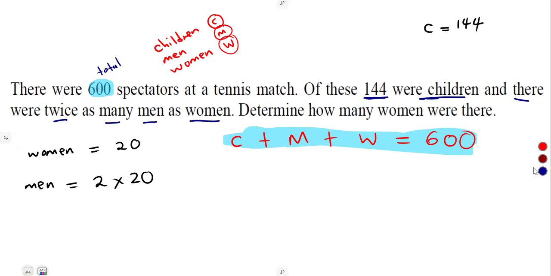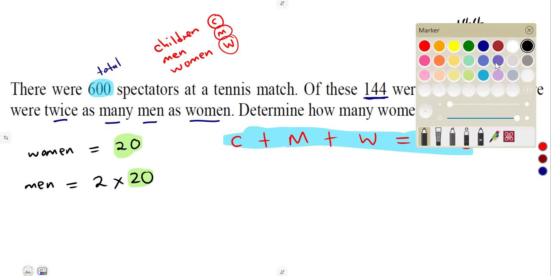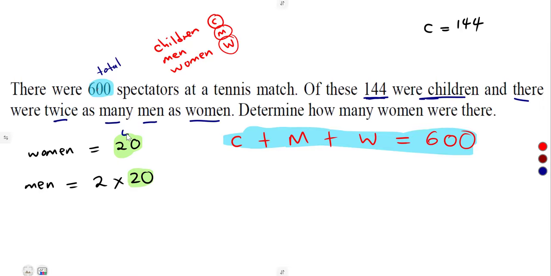So if there were 20 here, it was going to be 2 times 20. All right? So let's say there were 40 here, it was going to be 2 times 40. If they were 50, 2 times 50 again. So we do not know how many women we have.